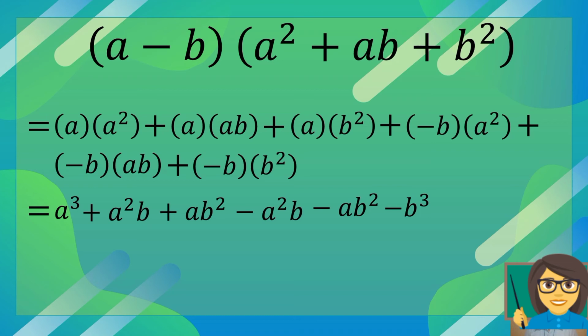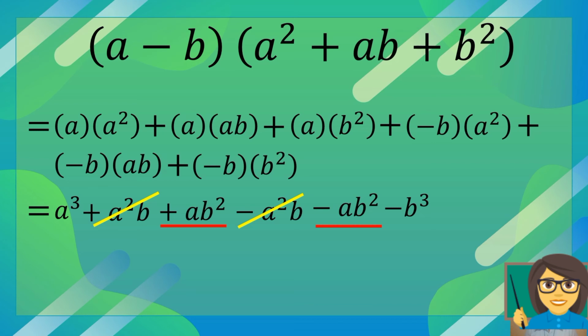We are going to combine similar terms. A squared b is similar to negative a squared b. Since they have different signs, then we need to subtract. A squared b minus a squared b is equal to 0. Another similar terms are ab squared and negative ab squared.